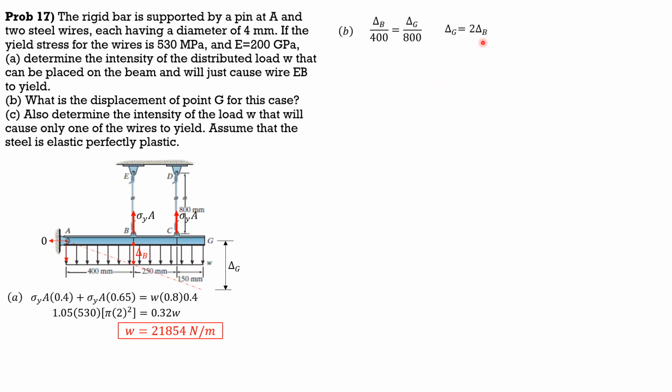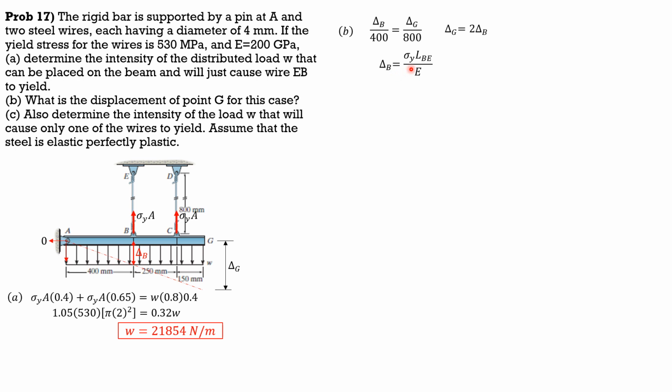Since formula for deflection is force times length over AE, or stress times length over E, so delta B is stress in B, which is sigma y, times length, which is 800 mm, over E, which is 200,000 megapascals.